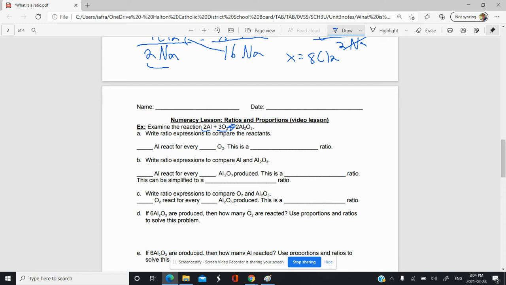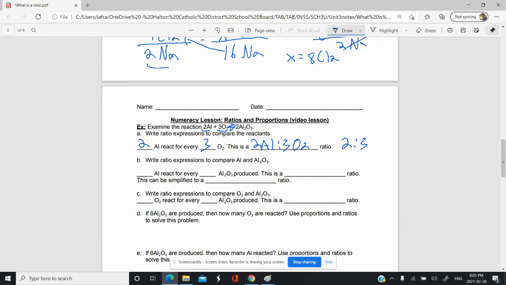So let's write some ratios to compare the reactants. So for every two aluminums that react, three oxygen molecules will react with it. So we have a 2 aluminum to 3 oxygen ratio, just a 2 to 3 ratio. But again, I like to write down 2 what to 3 what. Write ratio expressions to compare Al and Al2O3.